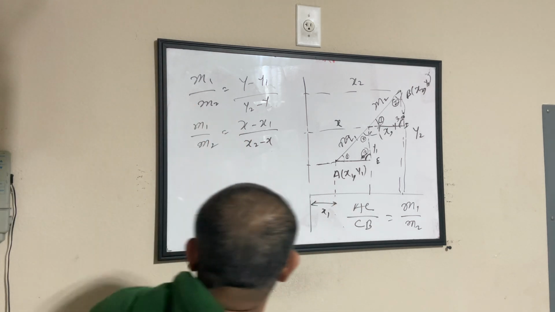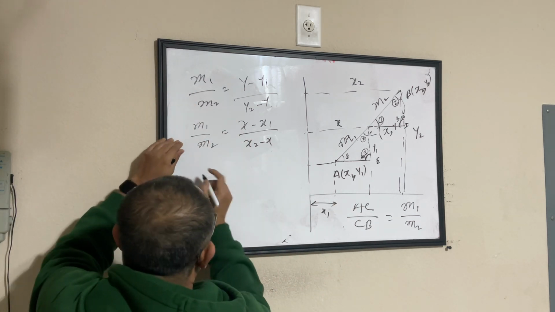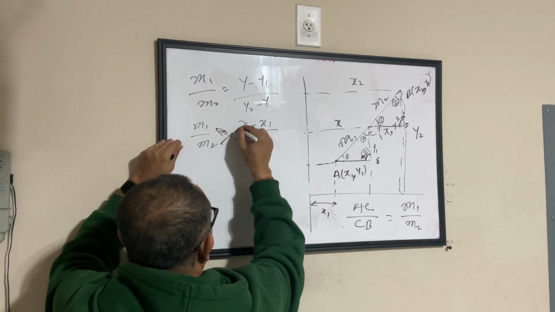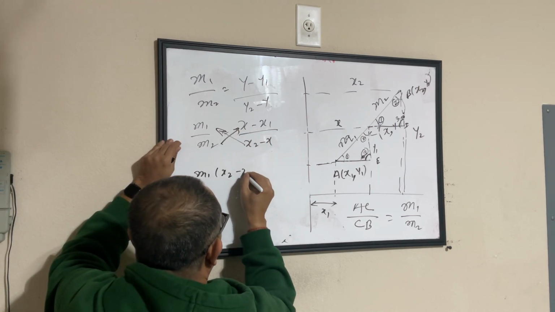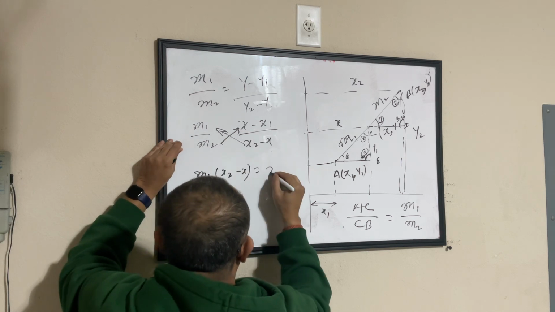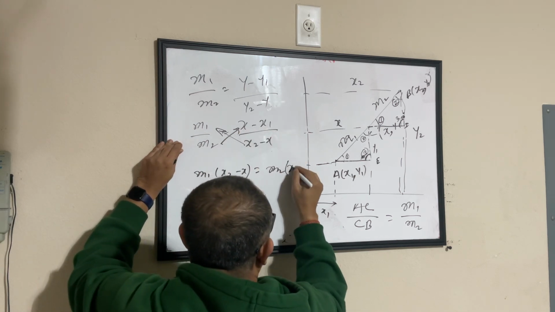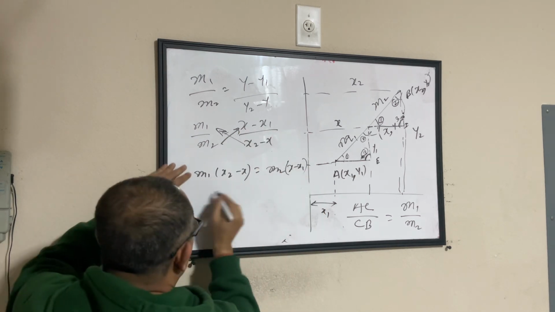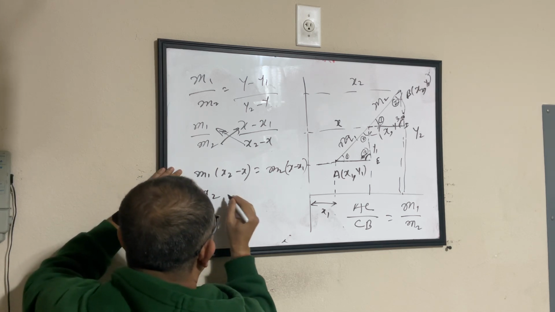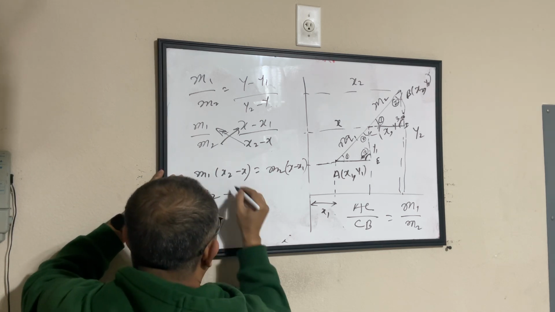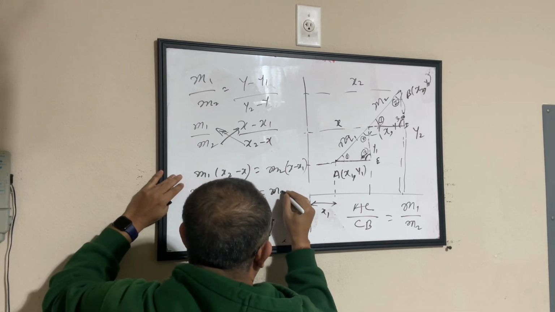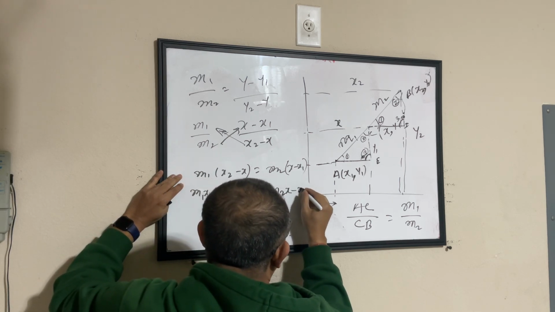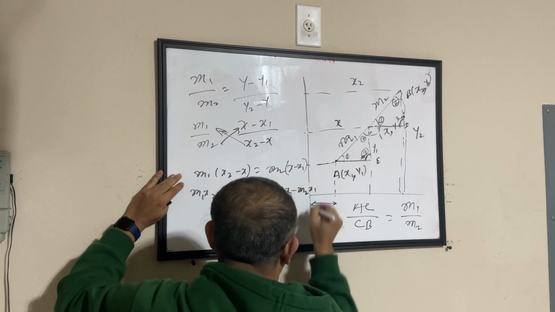Let's pick up x1. So you multiply like butterfly. So m1 into x2 minus x will be equal to m2 into x minus x1. That becomes m1 into x2 minus m1 into x will be equal to m2 into x minus m2 into x1.